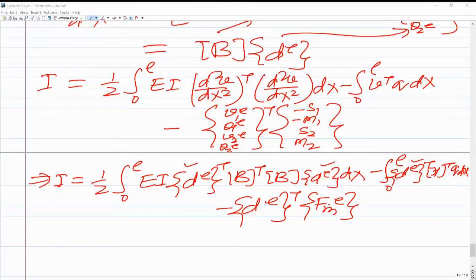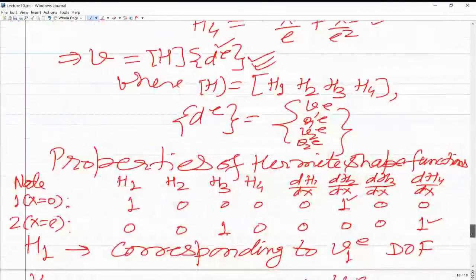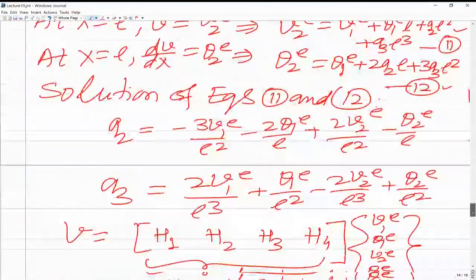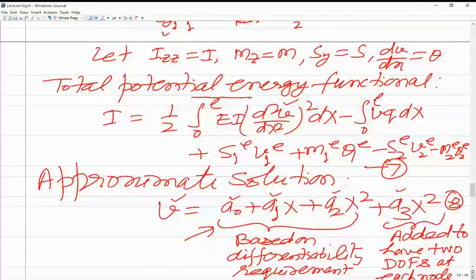There was a question about whether I can explain the first two terms of the total potential energy functional. We have already discussed this. If you go through the earlier notes, when I discussed the weak form and the integral functional, I gave a detailed discussion of what these terms in the total potential energy functional are. This whole first term is the strain energy, and this is the potential energy of the distributed force q.